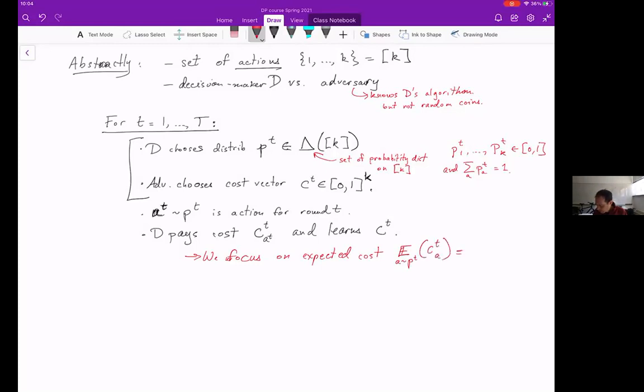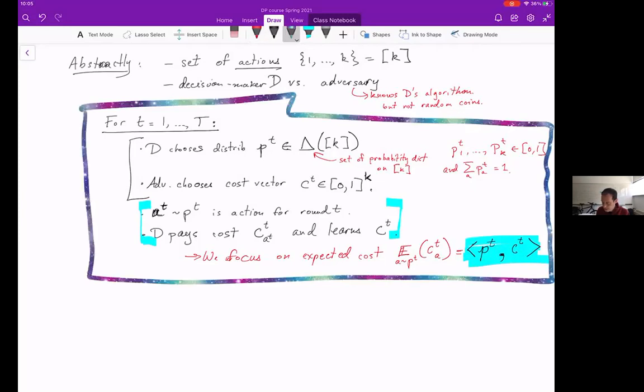And if you work that out, that is actually an inner product of the probability distribution chosen by D and the cost vector chosen by the adversary. So in some sense, we're going to abstract away this part and really focus on this expected cost as the cost that the D player is paying. That's really where we're going to put our thought into minimizing.